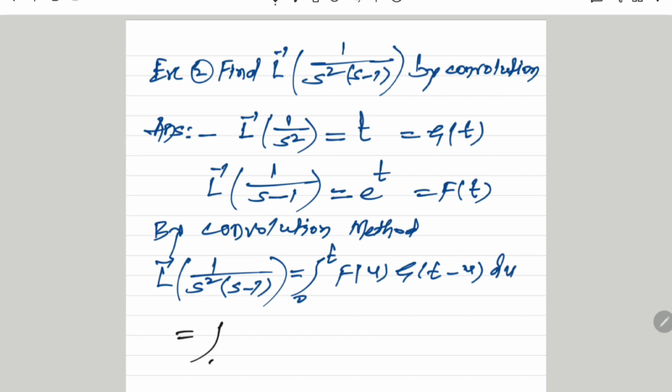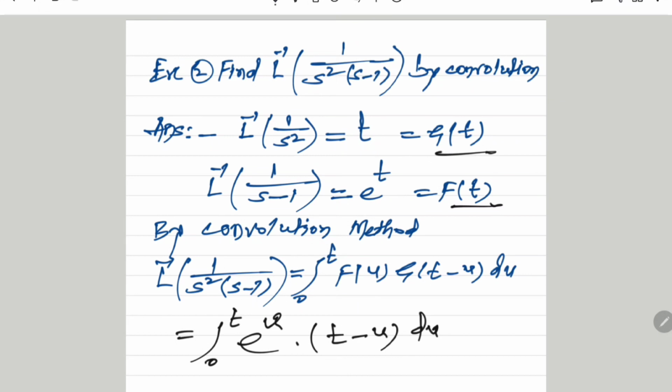It is integral from 0 to t. In this f of t, replace t by u, it becomes e raised to u. And in g of t, replace t by t minus u, it becomes t minus u, and then its integration with respect to u.